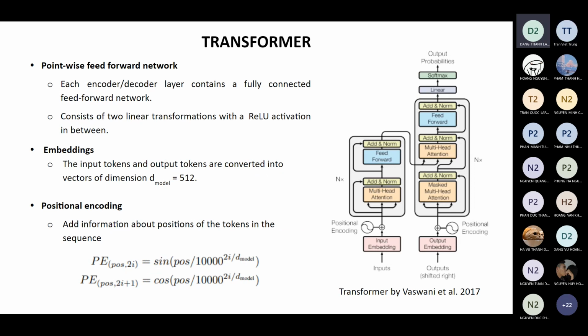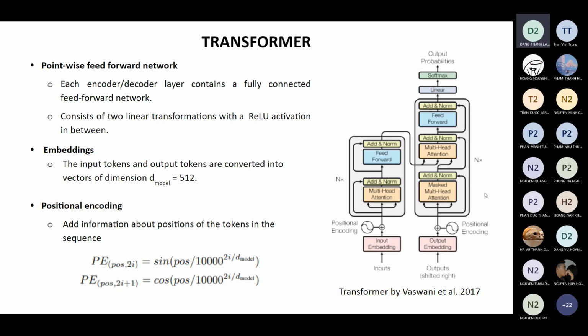As you can see in the figure on the right, in each encoder or decoder layer, there is a pointwise feed-forward network. This feed-forward layer consists of two linear transformations with a ReLU activation in between. Also, we use learned embeddings to convert the input and the output into vectors of the same dimensions.